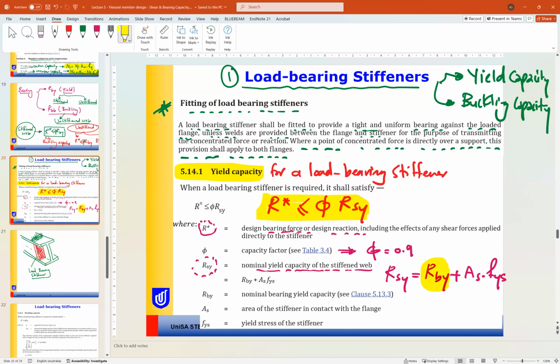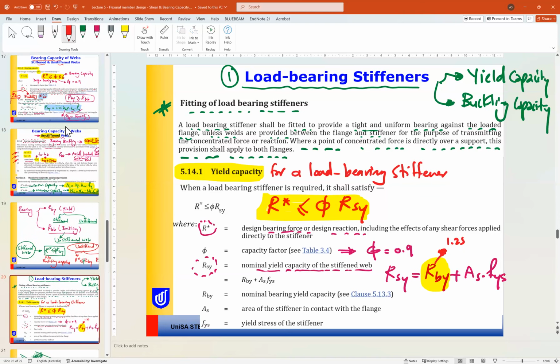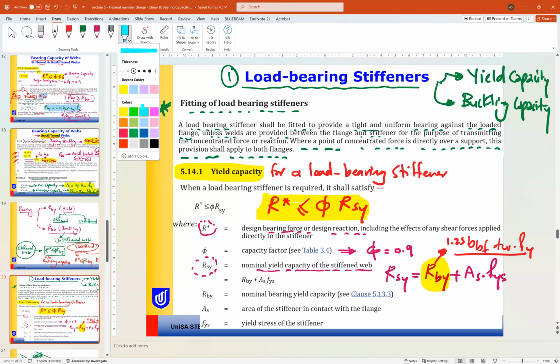We calculated it earlier for the web. If you remember, it was 1.25 BBF multiplied by TWF yield. So this is for the web, and the other term is for what? This one is for the stiffener itself.